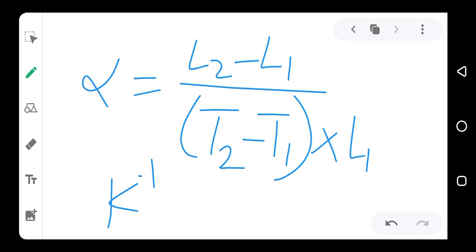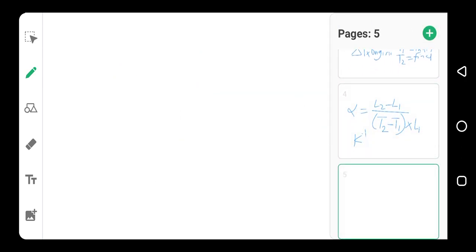Now for area expansivity, just like in linear expansivity, we get it as the change in area over change in temperature times the original area.